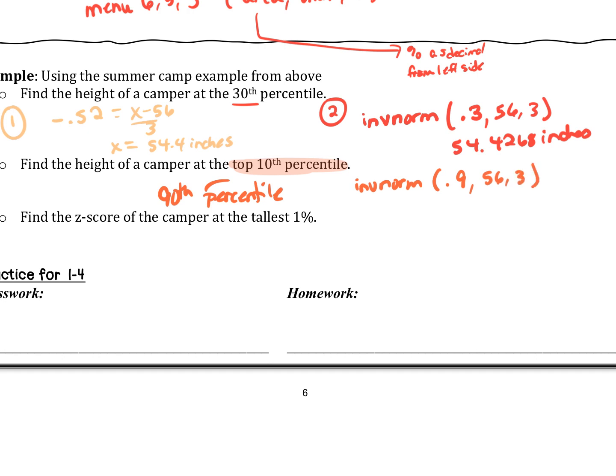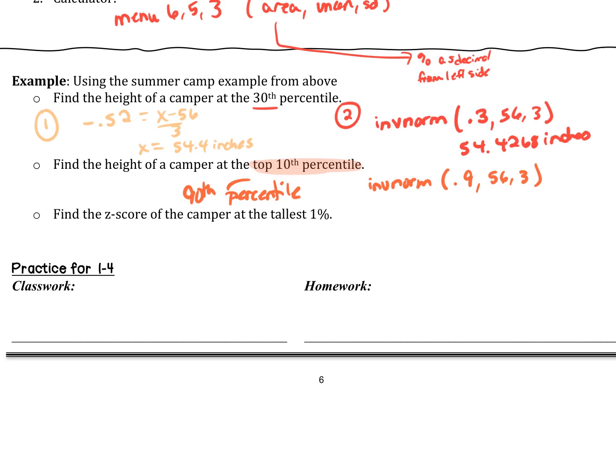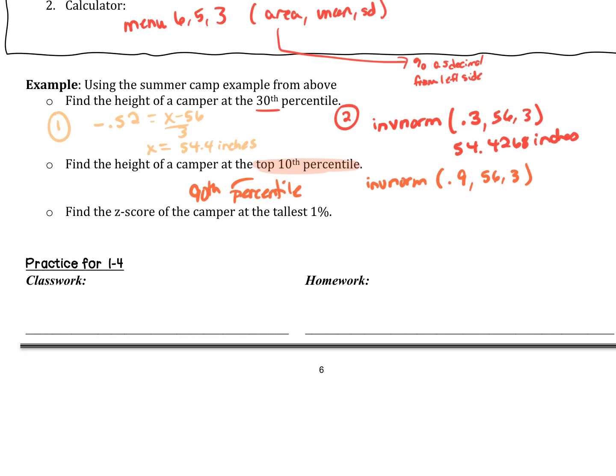Just for time's sake, I want you to do that rather than with the table. The process is going to be the same though. You'd look for where 90% is, find that z-score, and then work backwards. All right, for that one we got 59.8 inches.